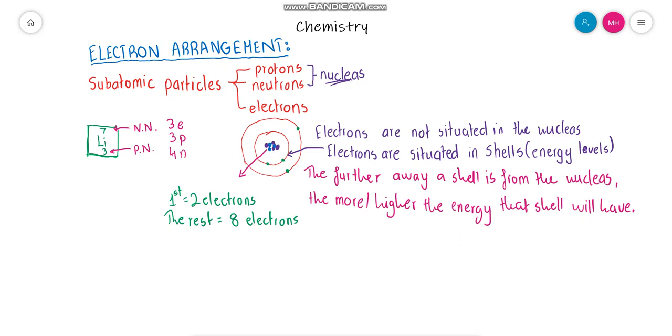So now let's talk about what happens when an atom loses or gains an electron. Let's talk about lithium again. I'll just redraw this: 3 protons, 4 neutrons, and then the energy levels.